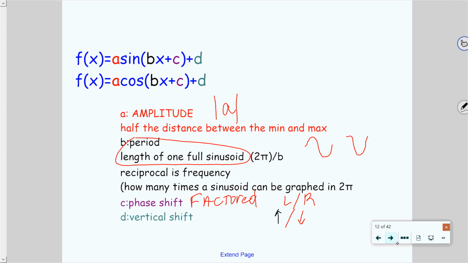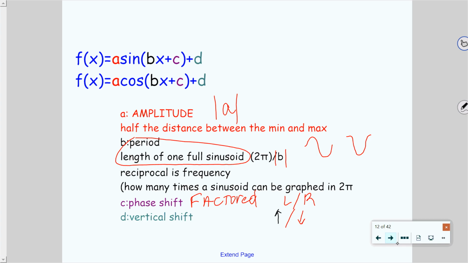This could also be a period of our sine or cosine graph. So I can start anywhere, I can end anywhere, as long as the beginning starts at the end of the previous period. So I have 2 pi over b here for our period. It really is the absolute value of b. But again, we're really not going to have y-axis reflections.